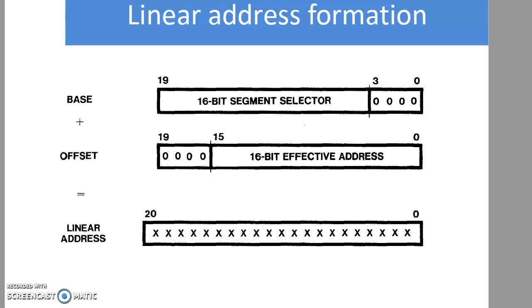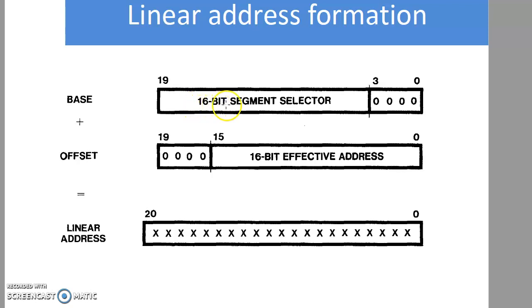The linear address formation in the virtual 8086 mode works in the same way as address translation in 8086, using the same concepts. 8086 has a 20-bit address bus, so it uses a 20-bit address. The 80386 in virtual 86 mode also uses a 20-bit address, as it is emulating the 8086 in that mode.